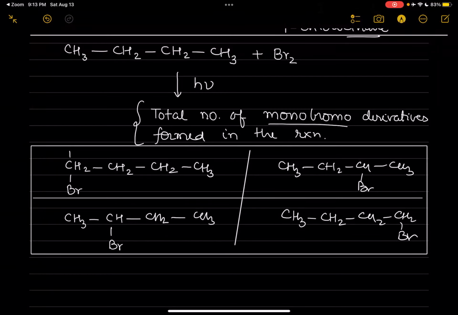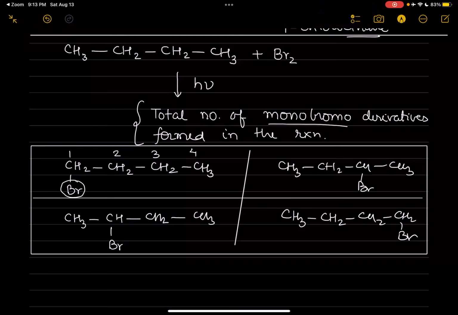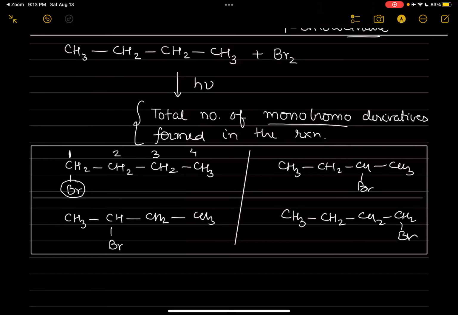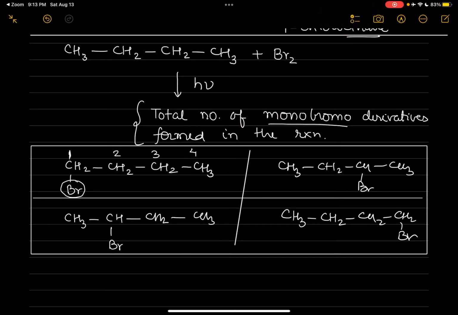So I will do the numbering from the end which is closer to the side chain. This is the side chain or the substituent, the group which you attach. You need to do the numbering so that the group which you have attached gets the lowest number. So I started my numbering right from this point, 1. So this is 1-bromobutane.